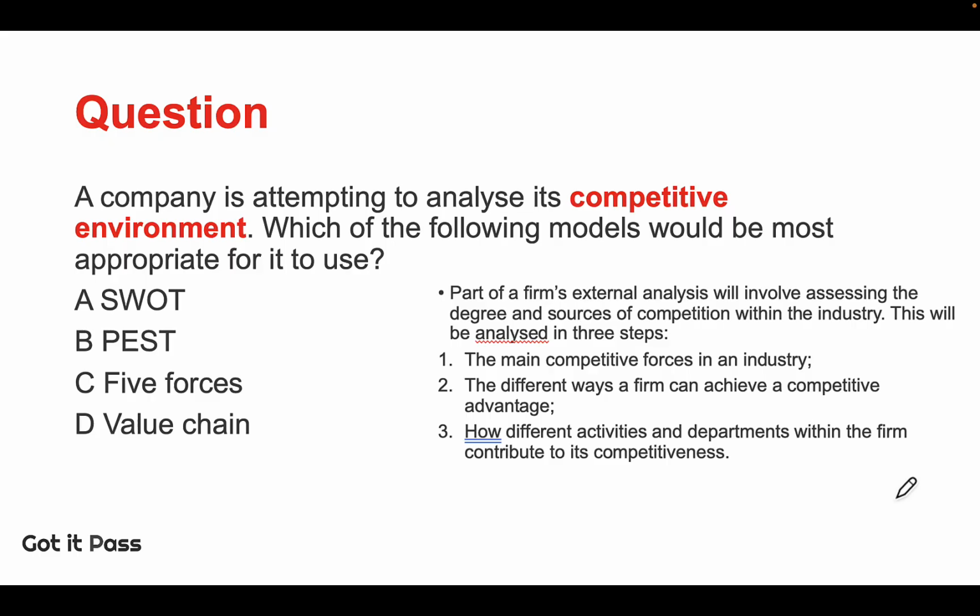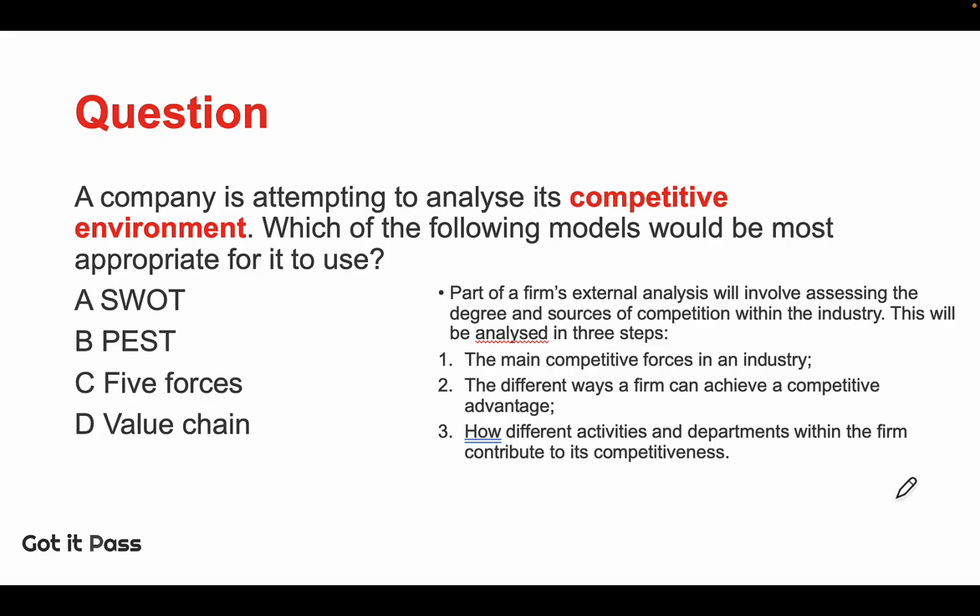And based on our discussion, there are five steps proposed by Porter's framework. The five steps we just put on the screen include, first, the main competitive forces in the industry. Second is the different ways a firm can achieve a competitive advantage.